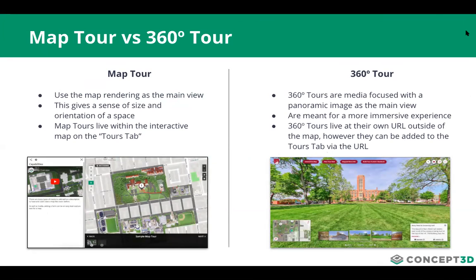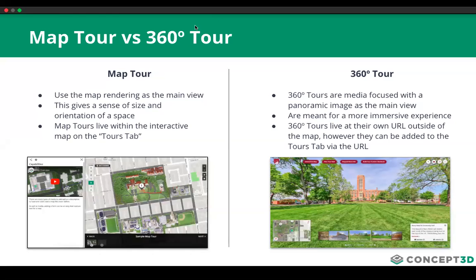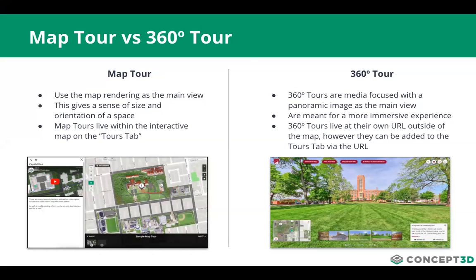The Map Tour utilizes the map renderings as the main view. In that screenshot on the right-hand side, it's utilizing those renderings of campus, and then you can create almost a walking tour experience. These are really great, especially right now, if maybe you're creating a driving tour of campus, or you want to throw something together for a virtual event and make it seem like people are on campus.